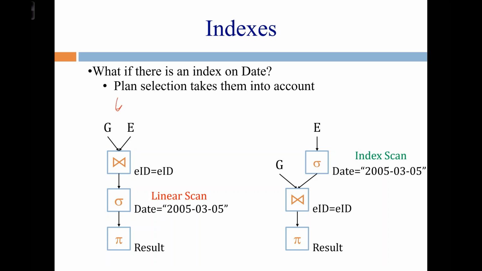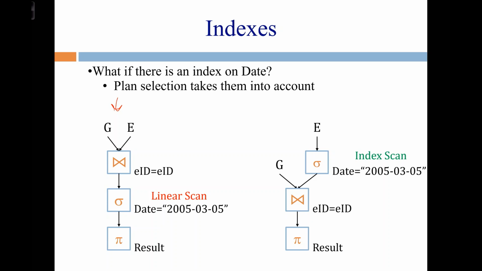This first plan on the left, even if we had an index on events.date, we're doing that filter on a temporary relation, which was the output of this join. That temporary relation does not have an index on date, so it still has to do a linear scan over all of those rows in order to find the dates we're looking at.